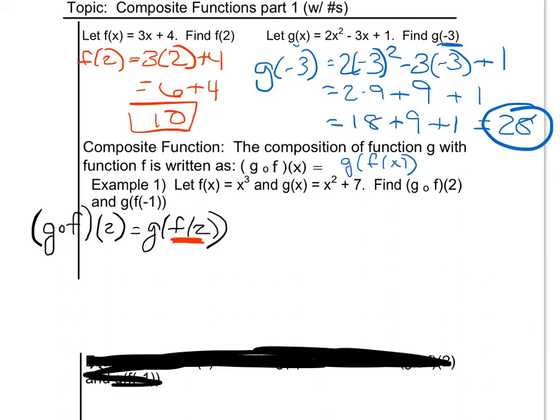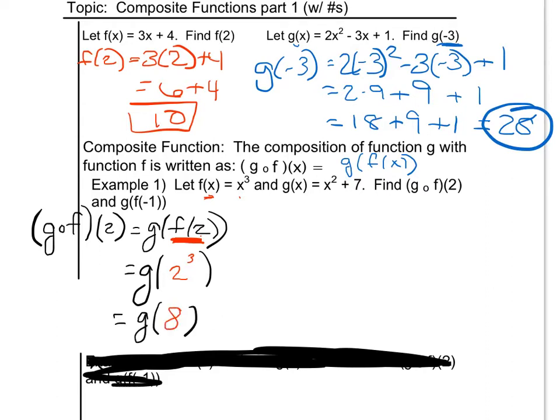I'm going to leave the g alone. In order to figure out what f of 2 is, in my f function, every time I see a variable, I'm going to put 2 in that place. So instead of x cubed, I'm going to have 2 cubed. I know that 2 cubed is 8, so this gives me g of 8.